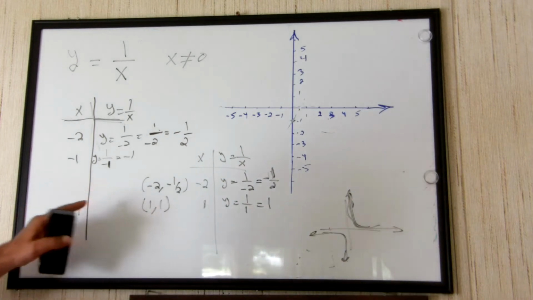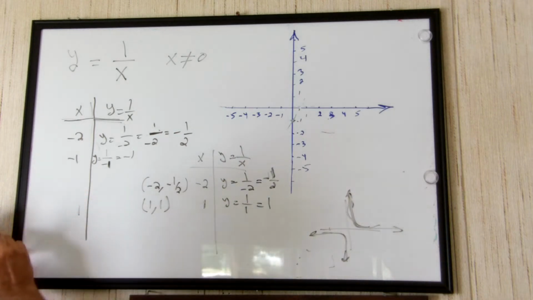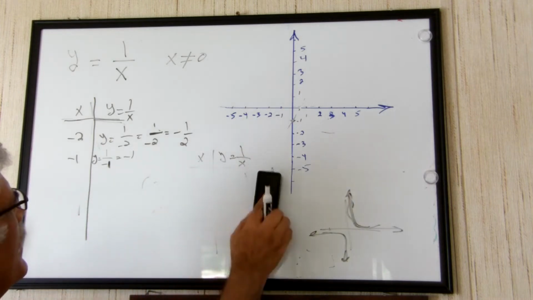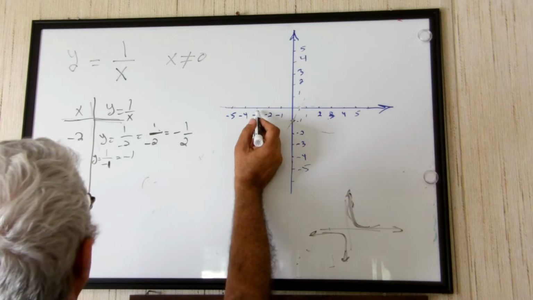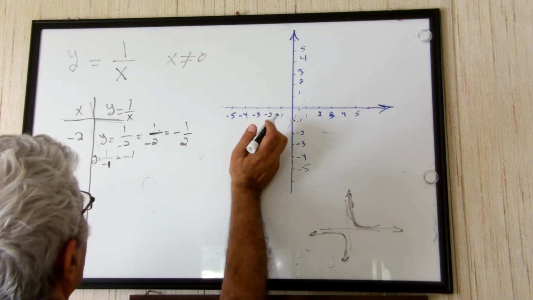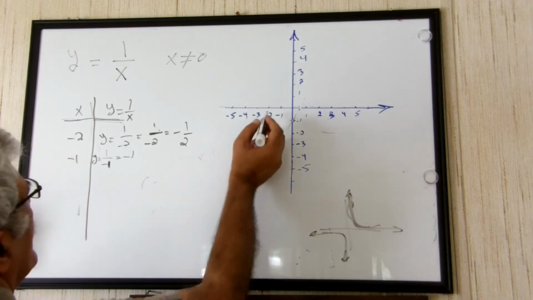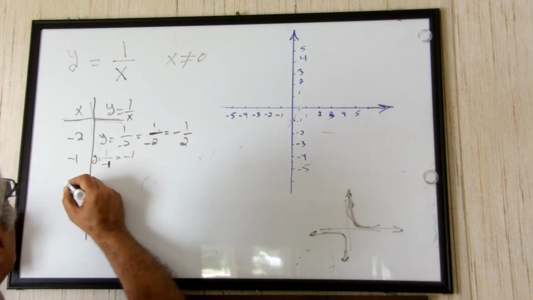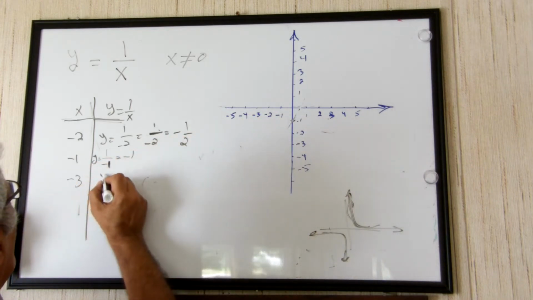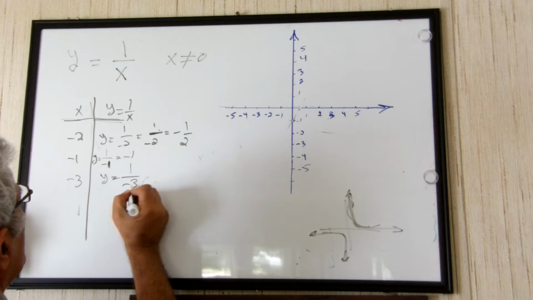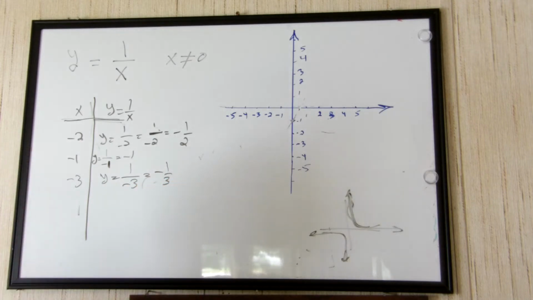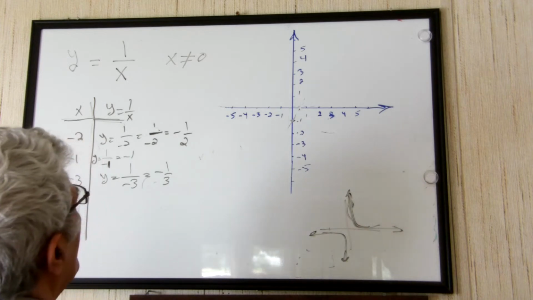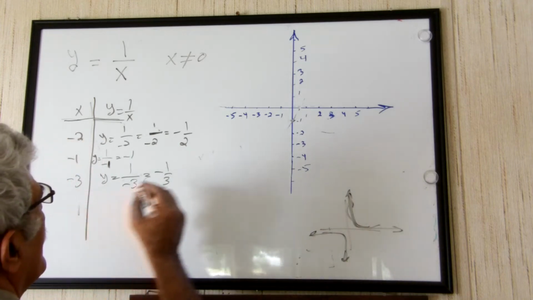So we find this one, and then we find some other points. Let's see, we said x is minus 3, y is equal to 1 over minus 3, which is equal to minus 1 over 3.